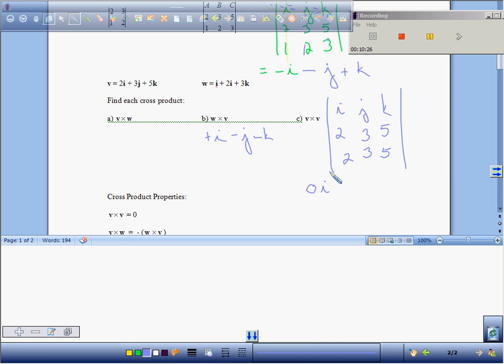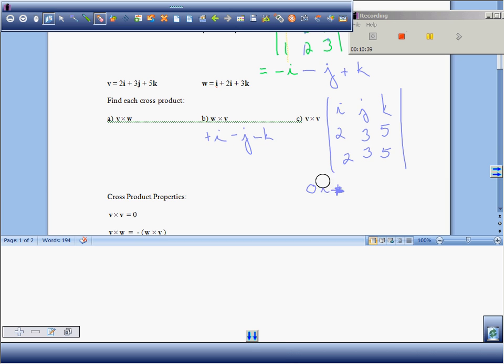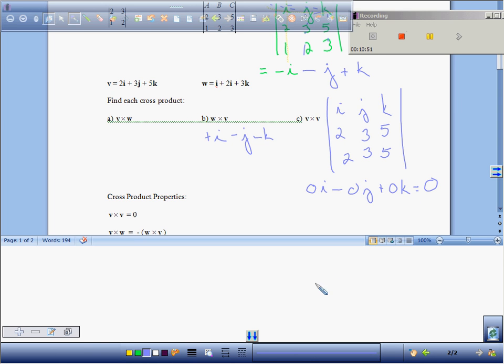And then 2 times 5 minus 2 times 5, which would be minus 0j plus 0k, which is just the zero vector. So if you cross a vector by itself, you get zero, which means that they're the same vector, or they could be parallel.